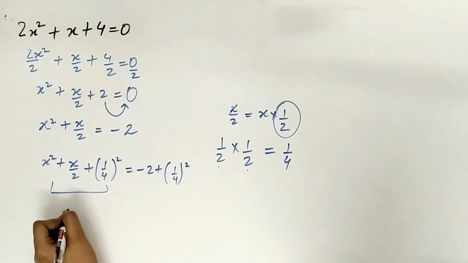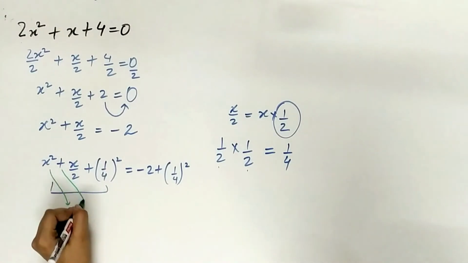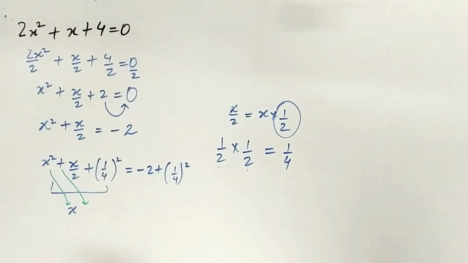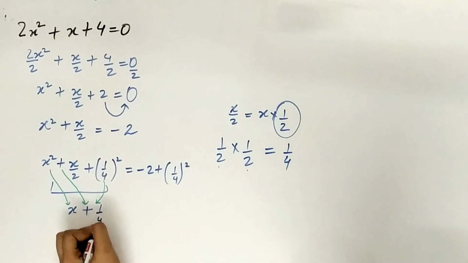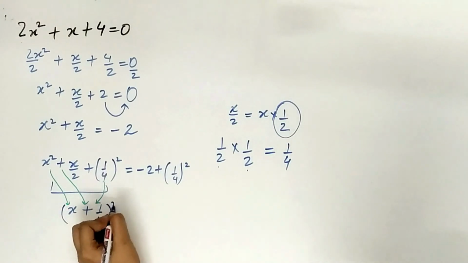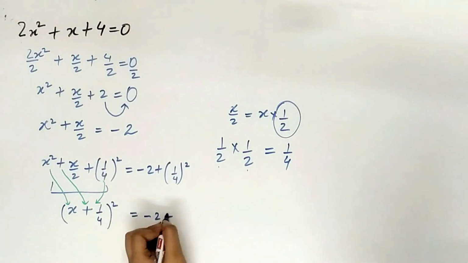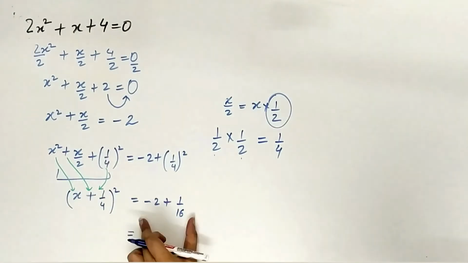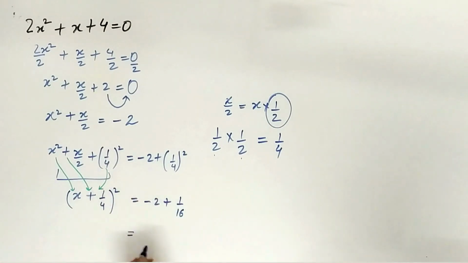Simplify it. x plus 1 by 4 whole square is equal to minus 2 plus 1 by 16. Let's solve it.